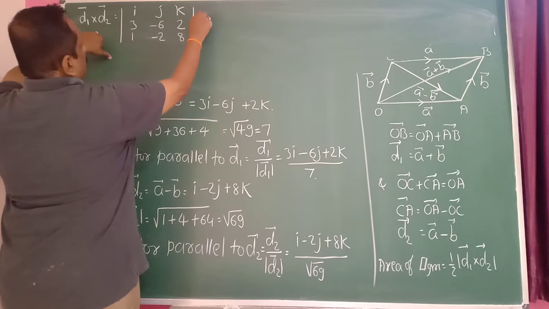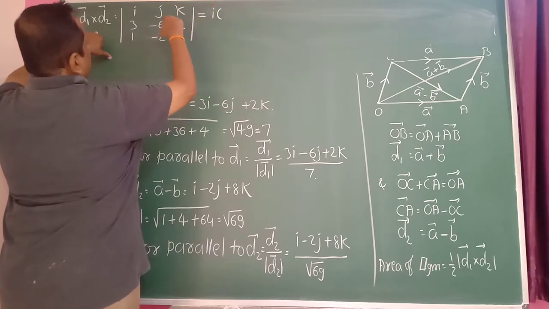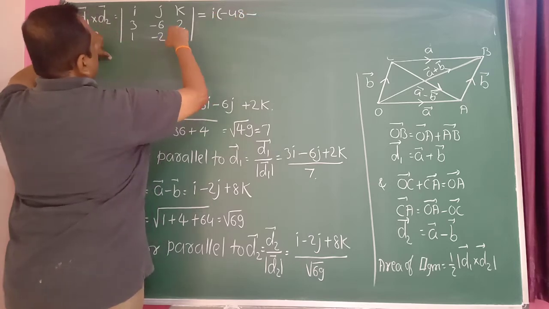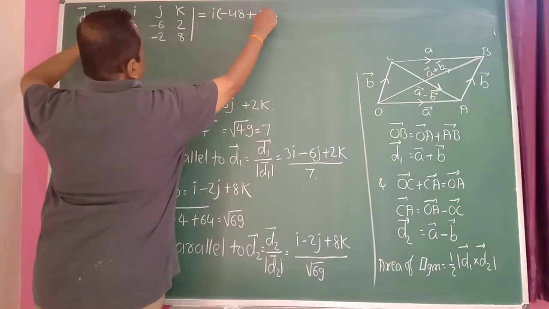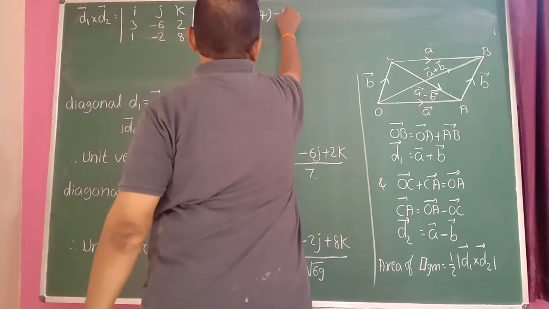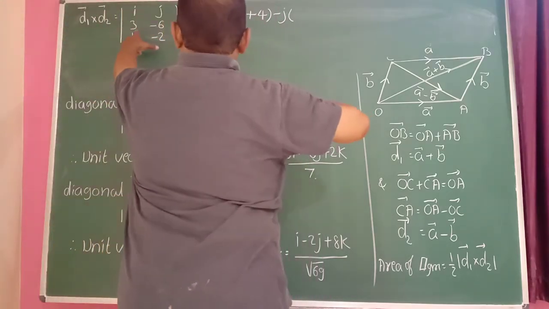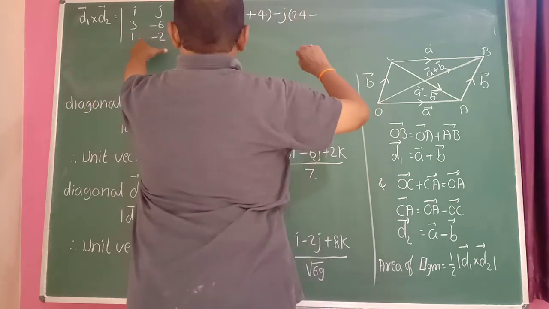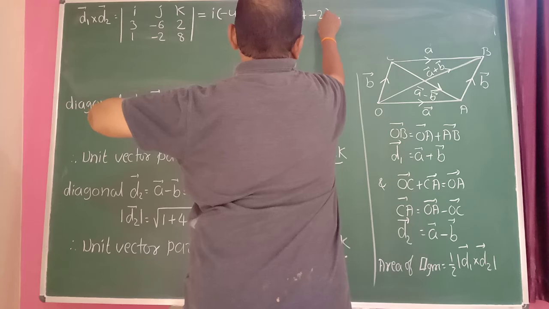That is equal to i into (-2 × 8 is -16, minus (-6 × 2 is -12)) ... So i(-48 plus 4) gives minus 44 i here. Then minus of j, (8 × 3 is 24, minus of 2 × 1 is 2), so 24 minus 2 is 22, minus 22 j here.